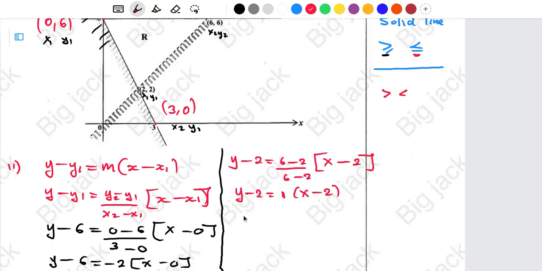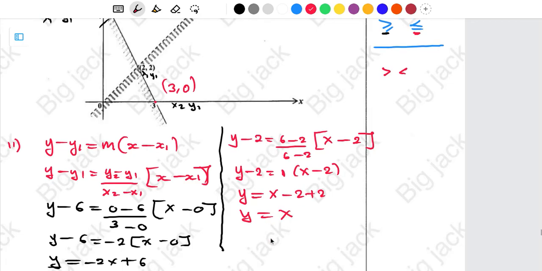Then y is going to be equal to, so I'm taking this one to the other side. Remember, it is negative. When it goes to the other side, it's going to be positive. 1 multiplied by x, x. 1 multiplied by negative 2, that is negative 2. Then plus 2. Then y is going to be equal to x, because this is giving us 0.